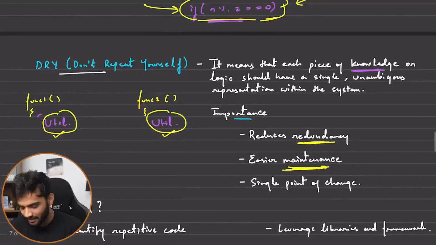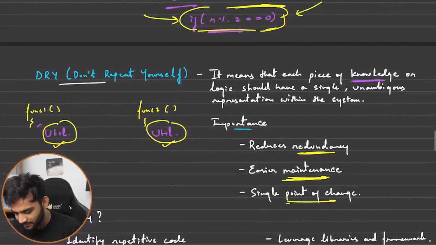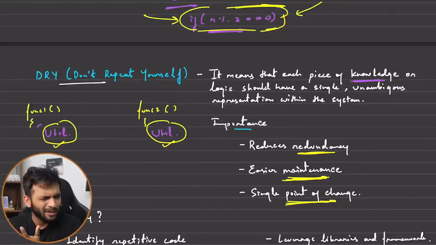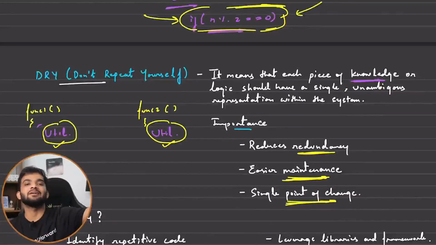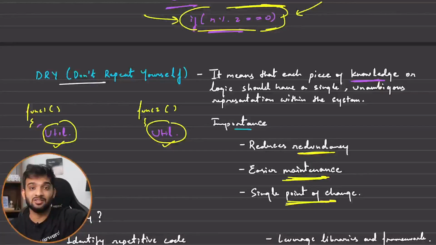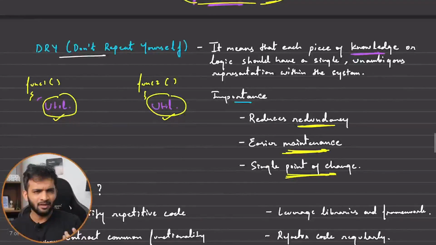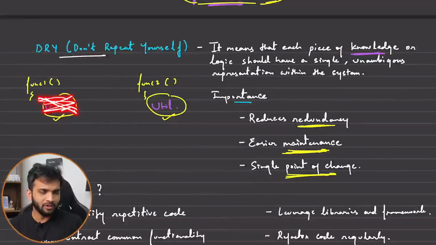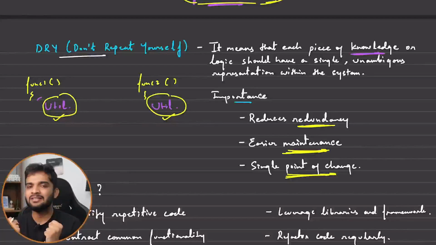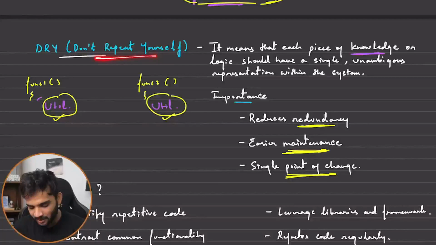Understood? Single point of change, as I said, just do it at one place and it is maintained across every place. Got it? Perfect. Again, when I'm talking about maintenance, if I have to remove this because I don't want to use it, I can just remove it from here. So it's extremely easy if you do not repeat yourself.